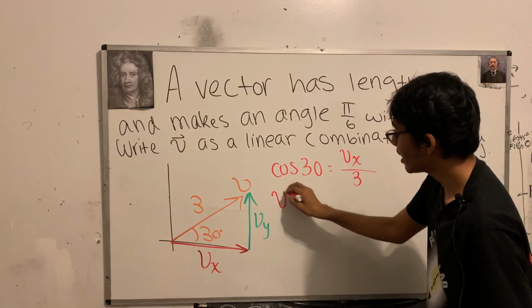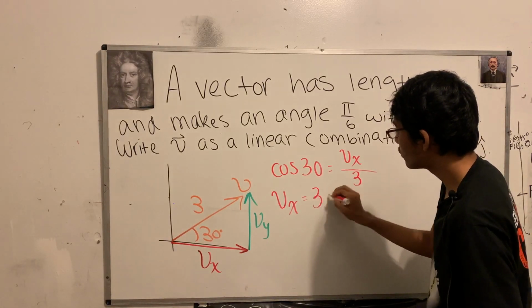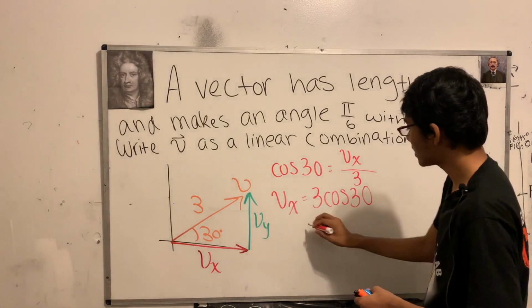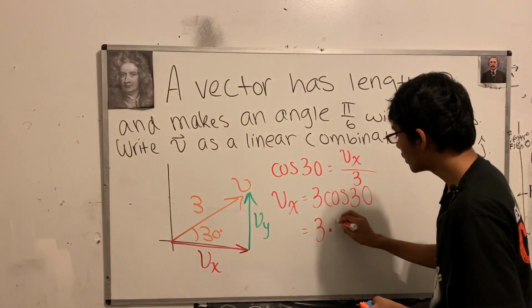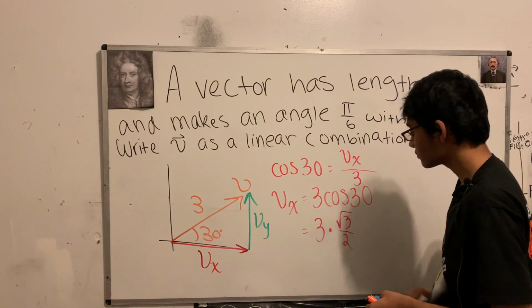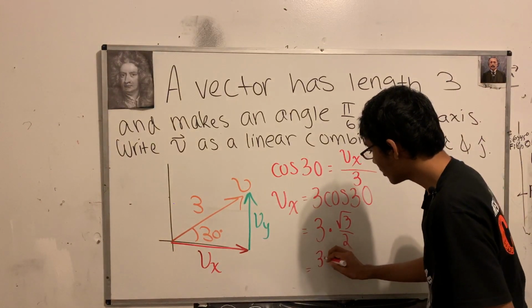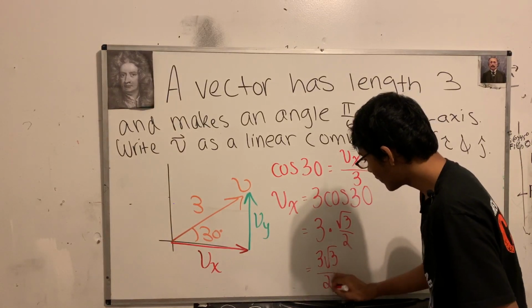So that tells me my horizontal component is going to be 3 cosine 30. And hopefully you know that cosine of 30 is square root of 3 over 2. So we're left with the x component as 3 root 3 over 2.